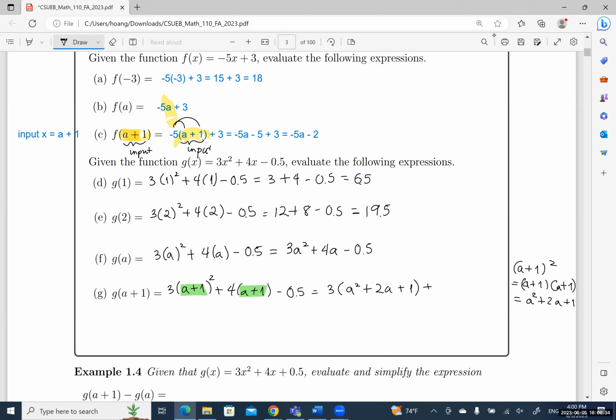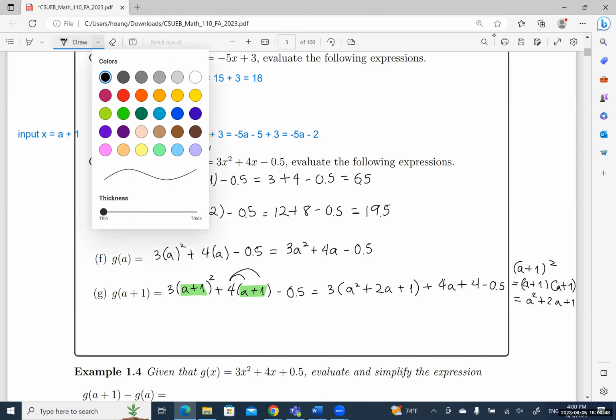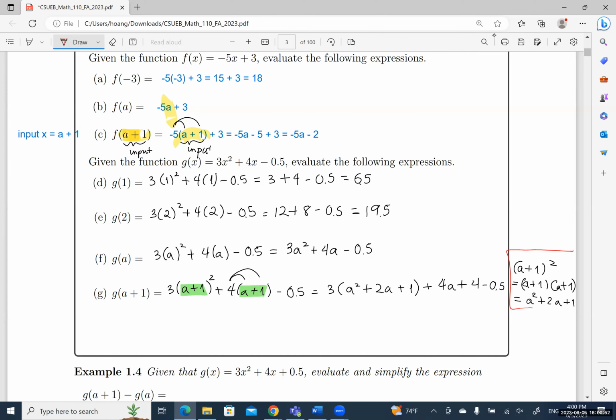I have 4 times A and 4 times 1, so 4A plus 4. And then I minus 0.5. So let me make sure to separate this one aside.